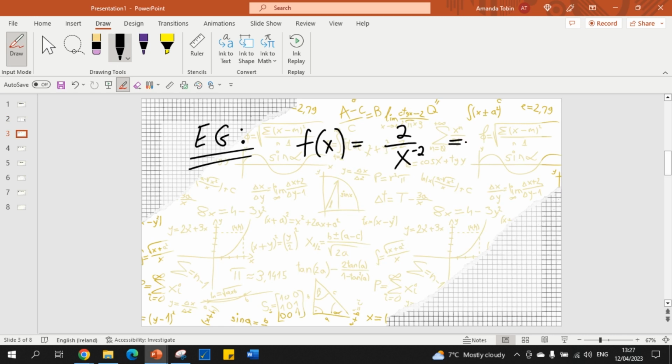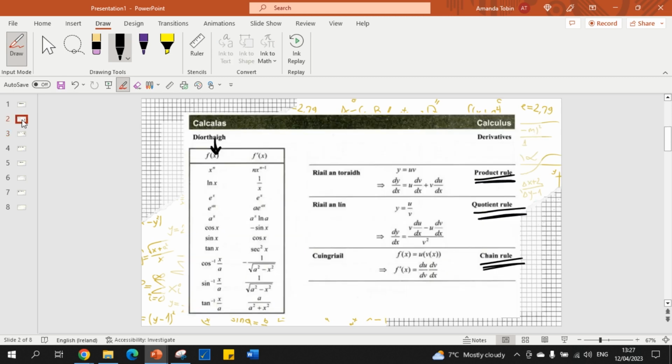So what we're going to do here is we're going to do our rules of indices. We're going to bring up that x to the power of minus 2, and it's going to turn into x to the power of positive 2. So we get 2x squared here. So now we can differentiate that using our lovely, simple, straightforward differentiation route.